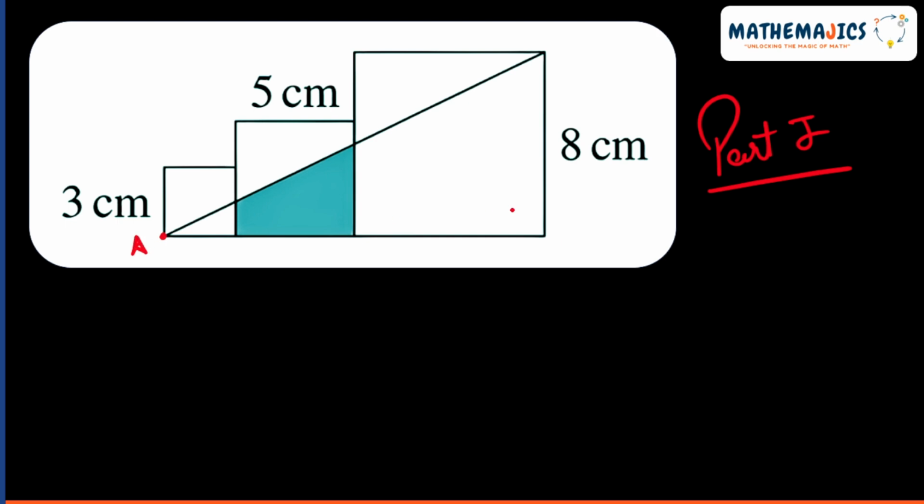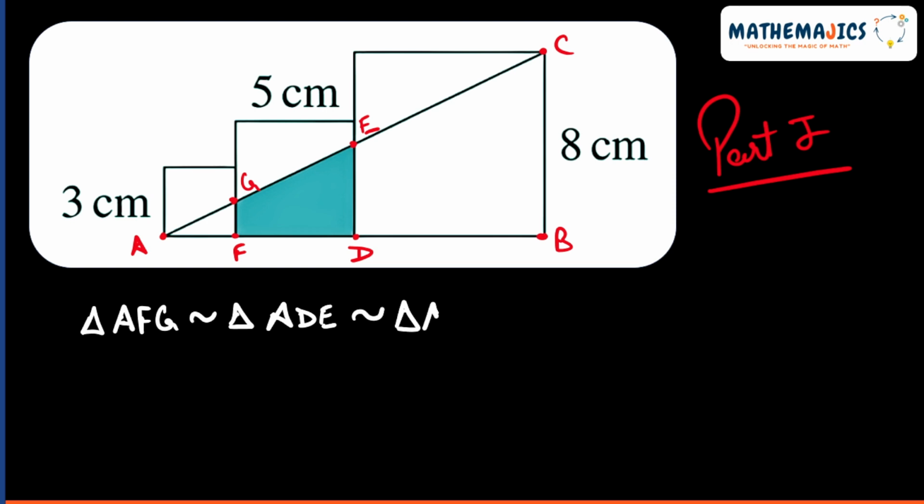Let this point be point A, let this be point B, point C, point D, point E, point F, and point G. Correct? Now, these three similar triangles are triangle AFG, similar to triangle ADE, similar to triangle ABC.